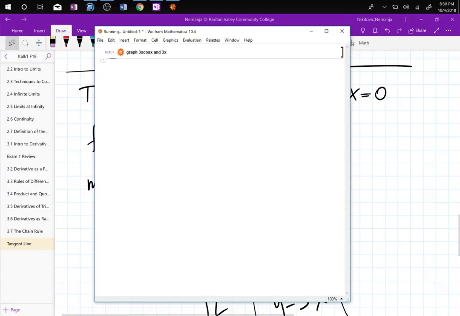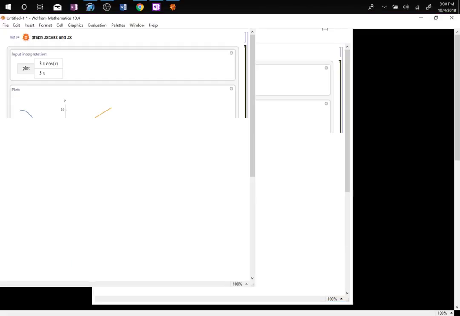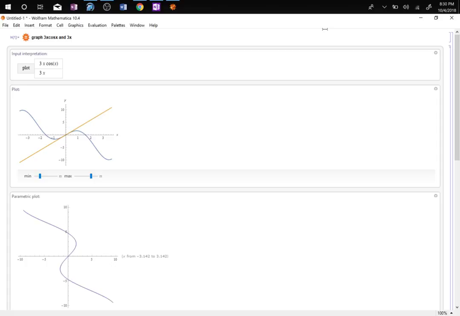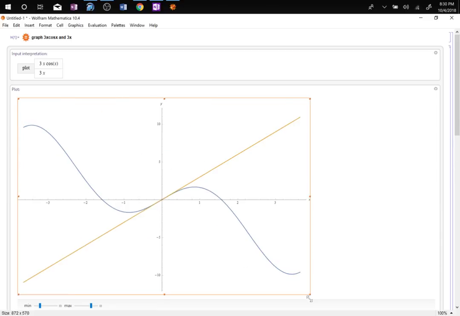You push enter and you wait until it cooks it, and as you can see, there you go, right? You see it exactly. Going to enlarge this, and you see that that's 0, 0. The blue line, which is your x cosine x, and your orange line, which is the 3x, touch exactly at 0, 0.